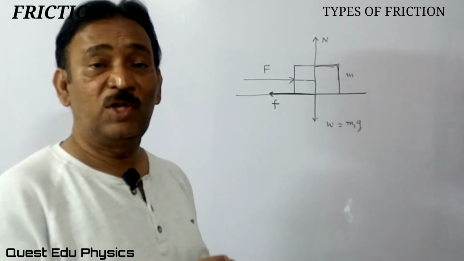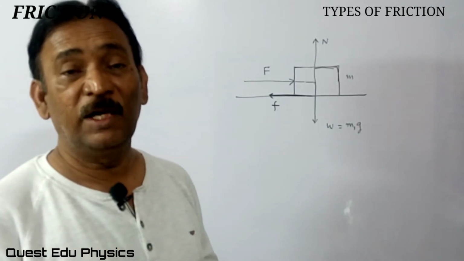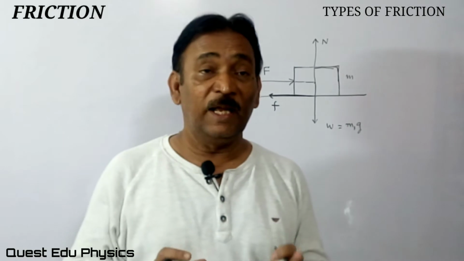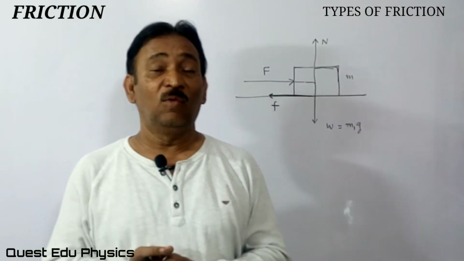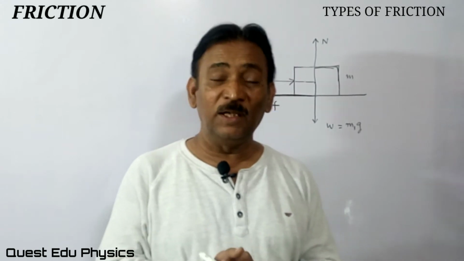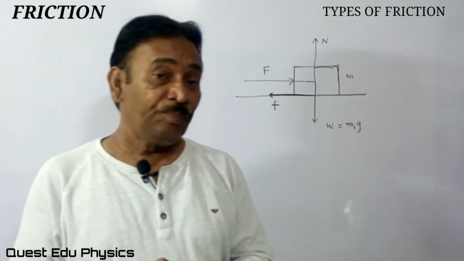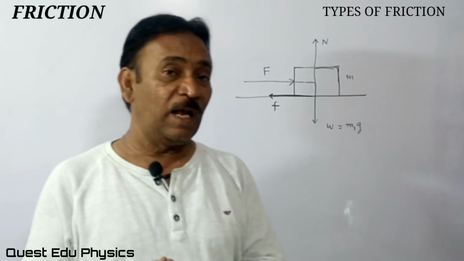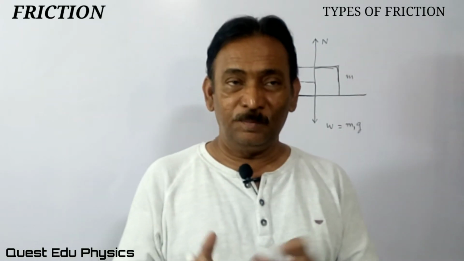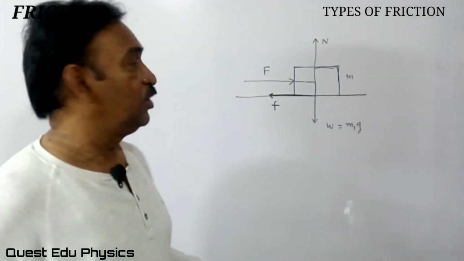Actually, frictional force develops due to the irregularity of the surfaces. What happens here? When one surface is kept over another surface, the surfaces have irregularities, and the irregularities get locked with each other.